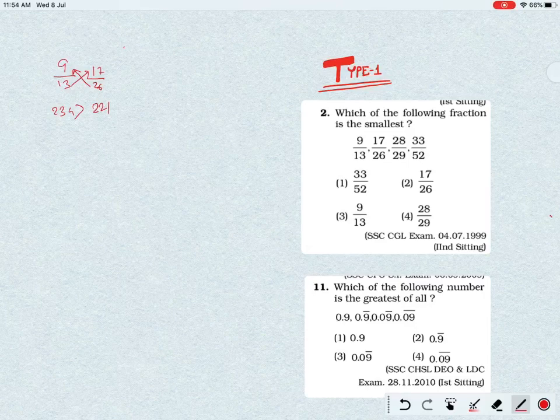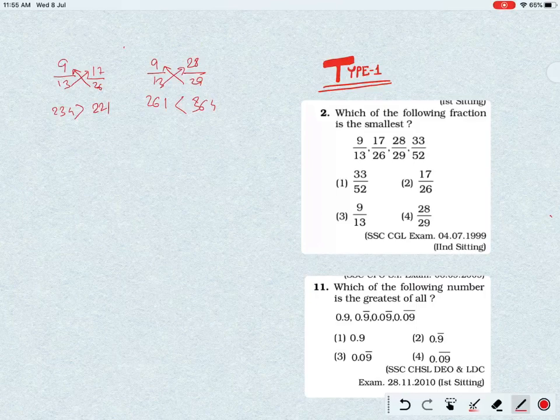Then we compare 9 by 13 with 28 by 29. 29 into 9 is 261, and 13 into 28 will be 364. Then 28 by 29 is bigger.